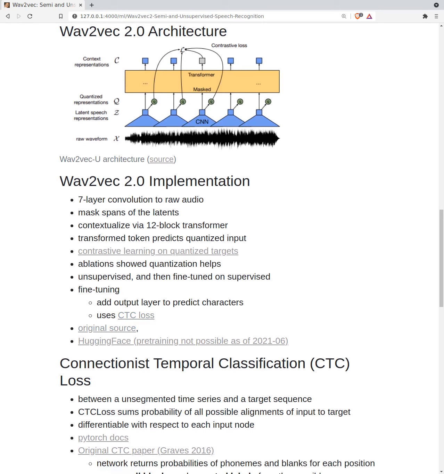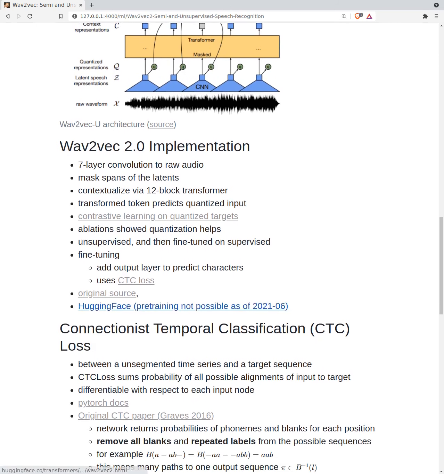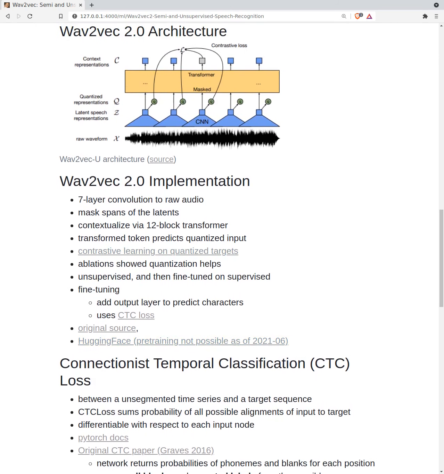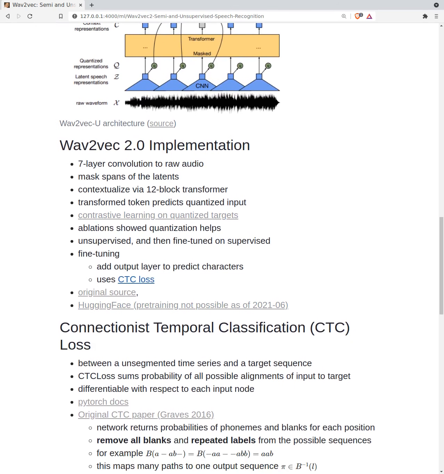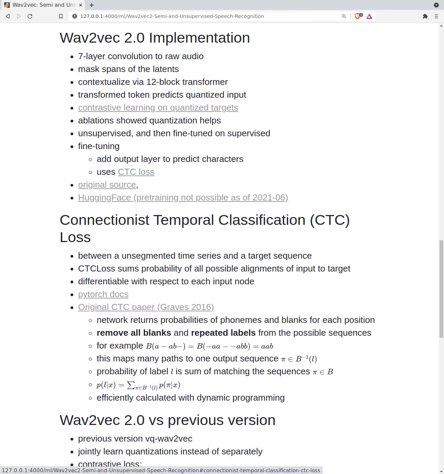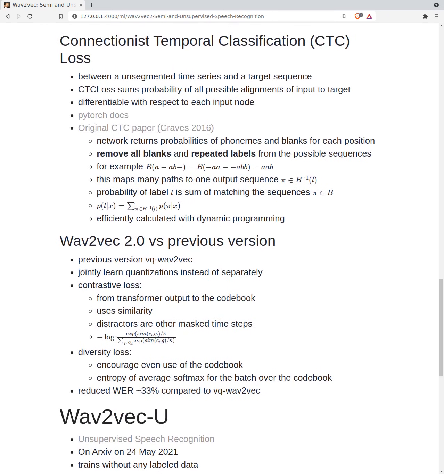Right, and fine-tuning, what I haven't mentioned is that once we have the sequence, once we have the output, we would like to fine-tune and predict characters or predict the phonemes. For that, we use CTC loss, or connectionist temporal classification.